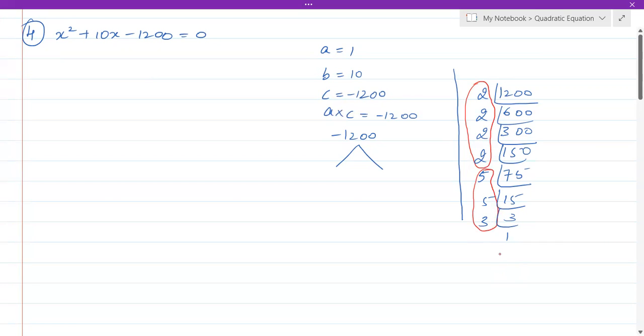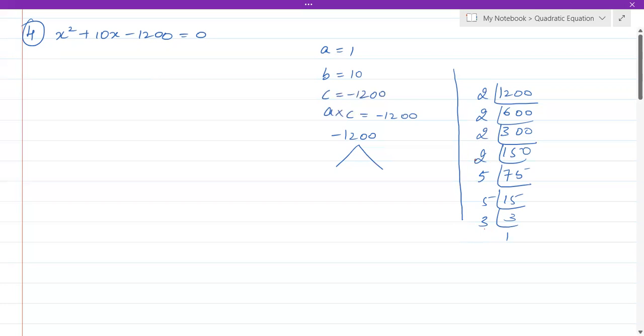So let me multiply the 2s in the group. You get 16. And the other group, if you multiply the numbers, 5 into 5 is 25, 25 into 3 is 75. Now, if you multiply 16 into 75, definitely you will get 1200. But the other thing is, if I subtract it, will I get 10? No. So this group that we have formed is wrong. Like this, we have to follow the trial and error method.